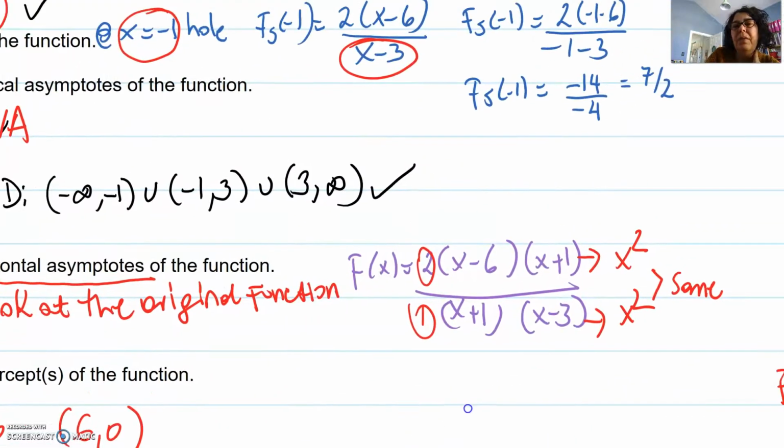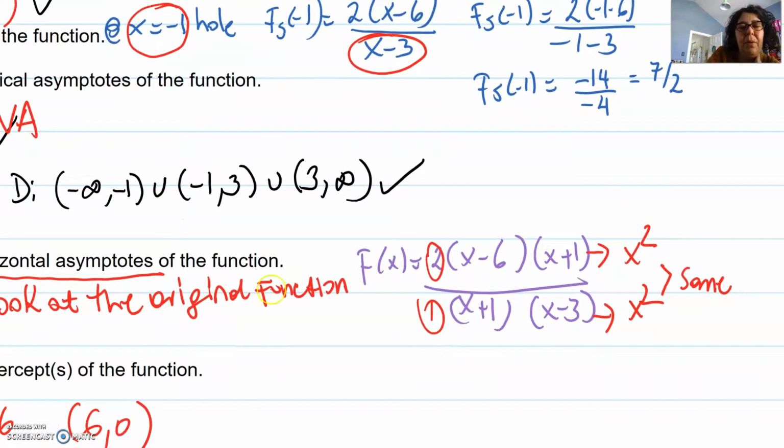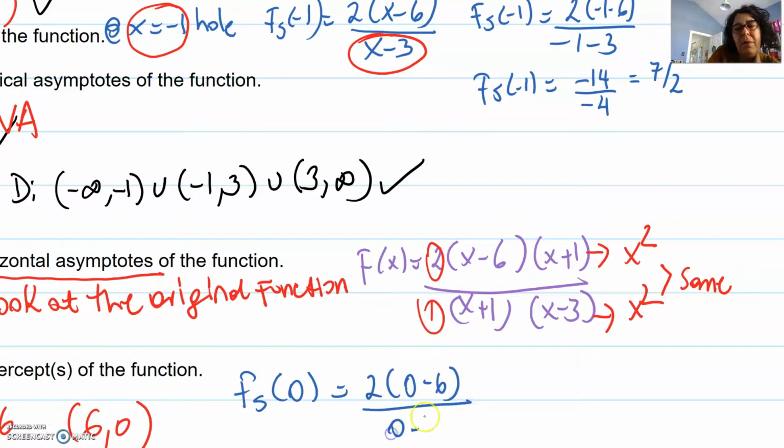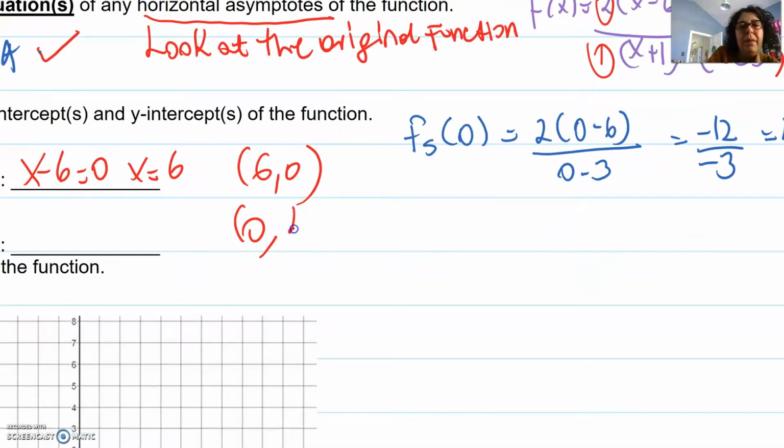We can do that with the simplified version again. So I'm going to plug in 0 for x: 2 times 0 minus 6 divided by 0 minus 3. So that will be negative 12 over negative 3. That will be 4. And that will be the y-intercept.